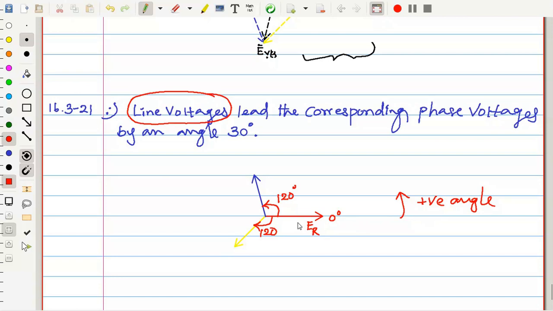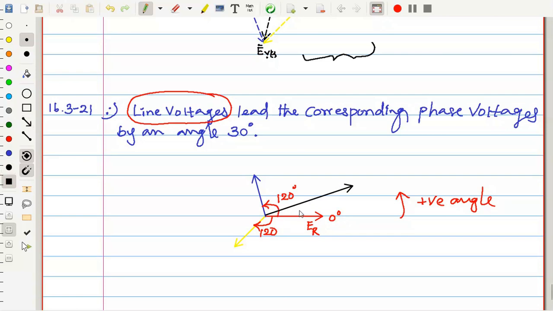That is one thing. Once we know the phase voltages, I can produce from this conclusion the line voltage like this. The line voltage magnitude must be root 3 times the phase voltage. So the length of this should be a little bigger than the phase voltage, that is ER, and the angle of this should be in the positive, the forward direction, by an angle of 30 degrees.